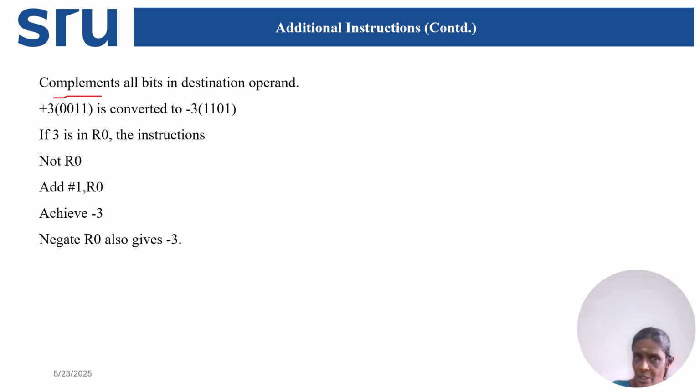So here we are giving 3. The complement of 0011 is 1100. It is the one's complement. For two's complement you have to add 1 at the LSB.